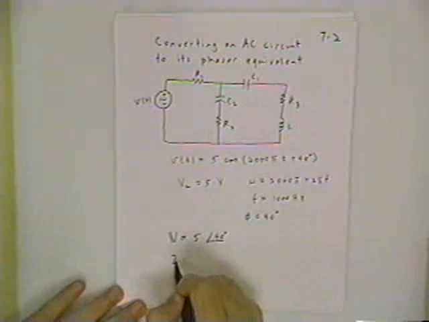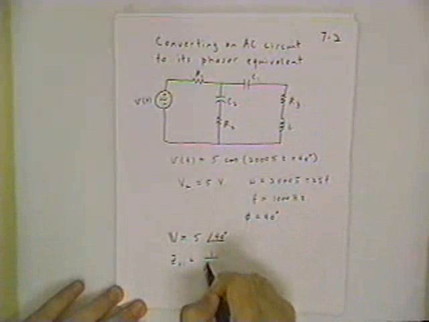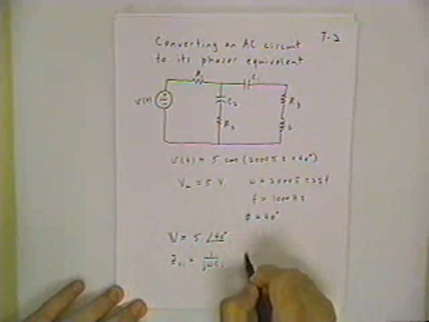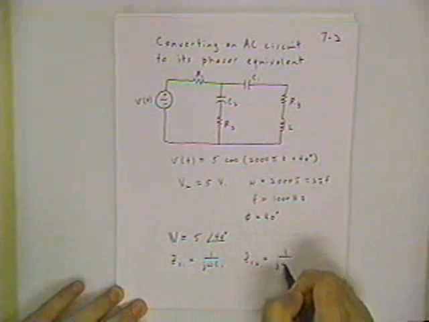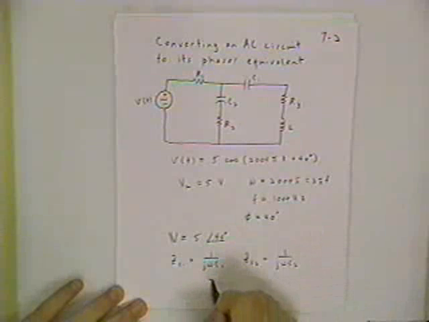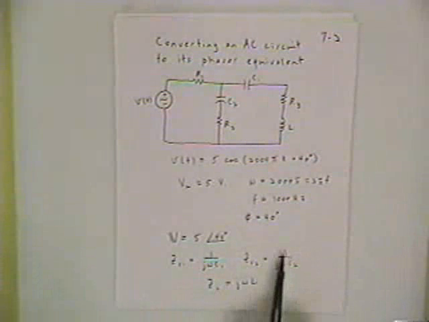So let's do that. We'll say ZC1 is equal to 1 over J omega C1. ZC2 is 1 over J omega C2, and Z sub L is J omega L. Now with all these substitutions, we're going to come up with a different circuit, a phasor equivalent circuit or an impedance model for this circuit.